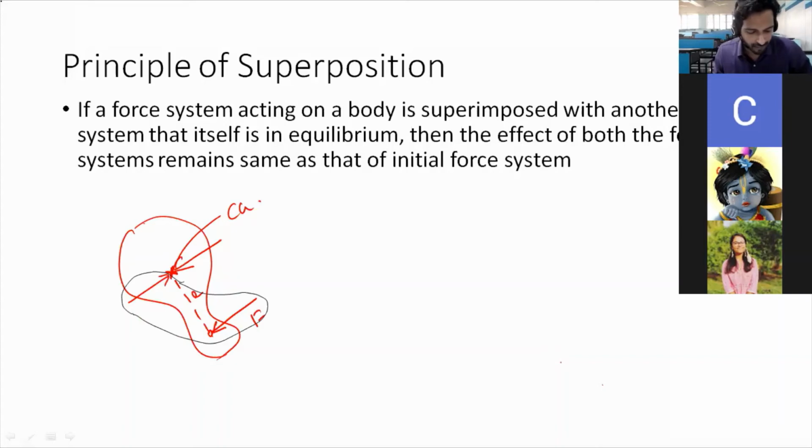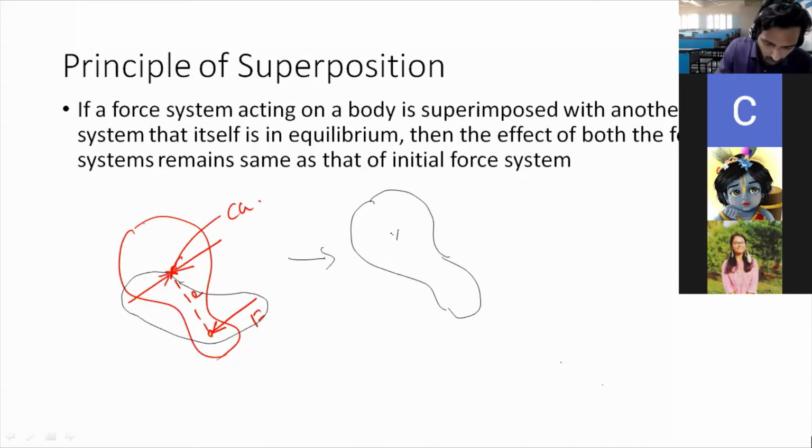By making use of these two, what can we do? Actually, what are those two? It's a couple. So we can consider these two as a couple acting in the clockwise direction.